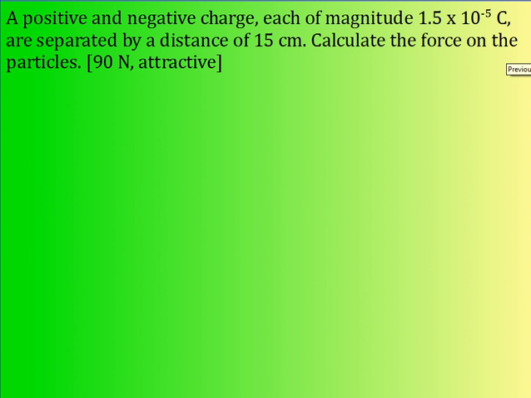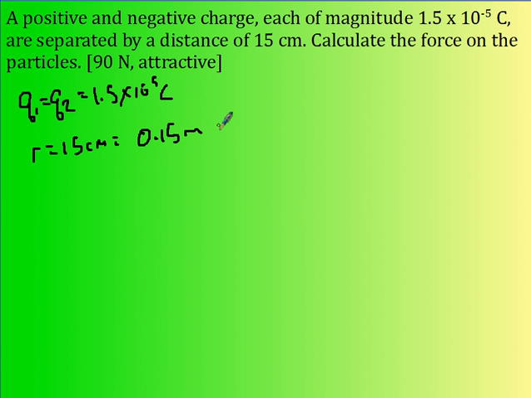What if we're just calculating the force on the particle? I have a positive charge and a negative charge, and each have magnitude 1.5 times 10 to the negative 5 coulombs. So Q1 is equal to Q2 is equal to 1.5 times 10 to the negative 5 coulombs. And their distance is 15 centimeters. Immediately you're going to convert that to meters because you know I'm trying to trick you. Calculate the force.